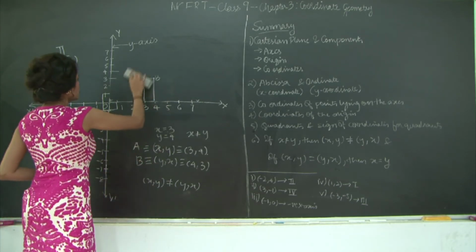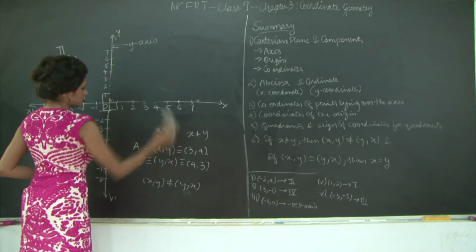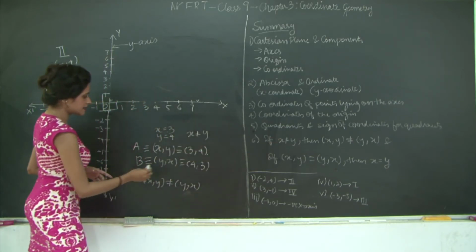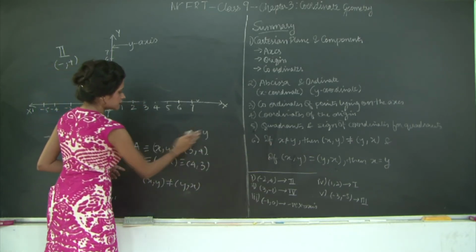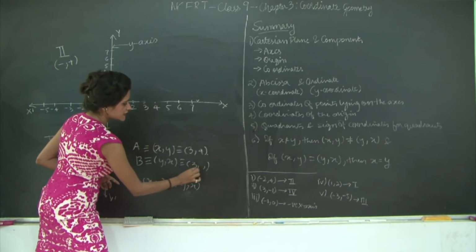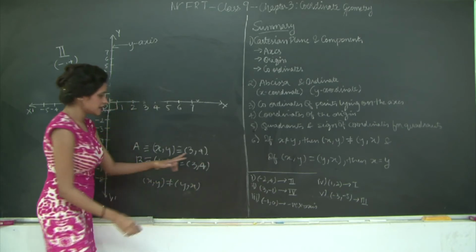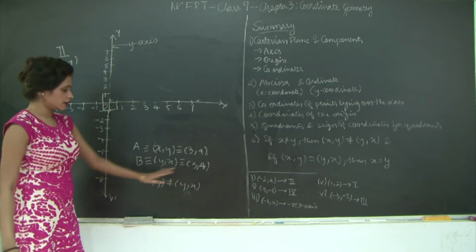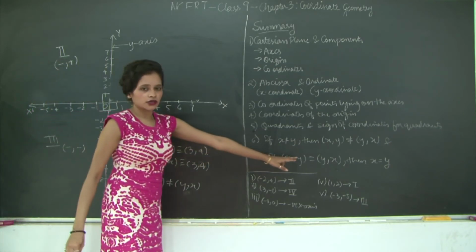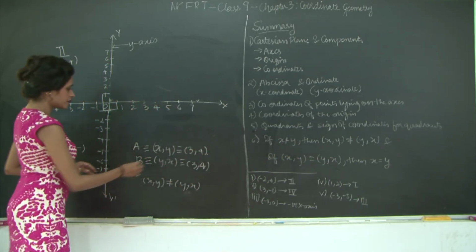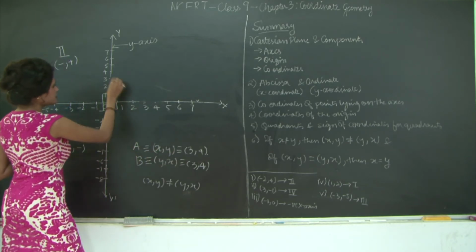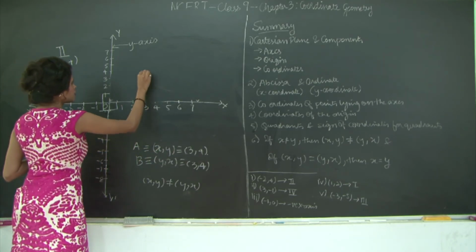Now the inverse of this, if xy is equal to yx, this will also be 3, 4. Since I've taken my xy as 3, 4, I'll take the coordinate B also as 3, 4. If these two are equal, then x is equal to y, right? So if you notice, points A and B are going to be the same point, that is 3, 4.